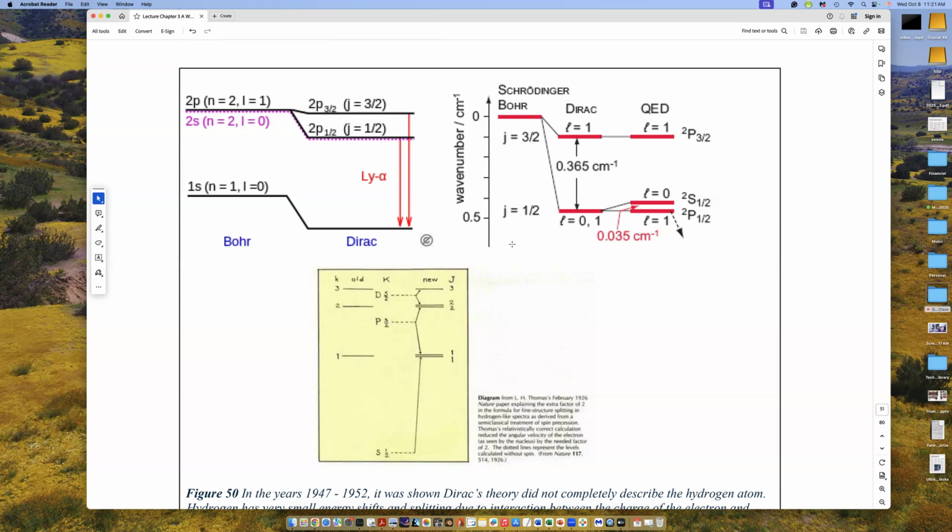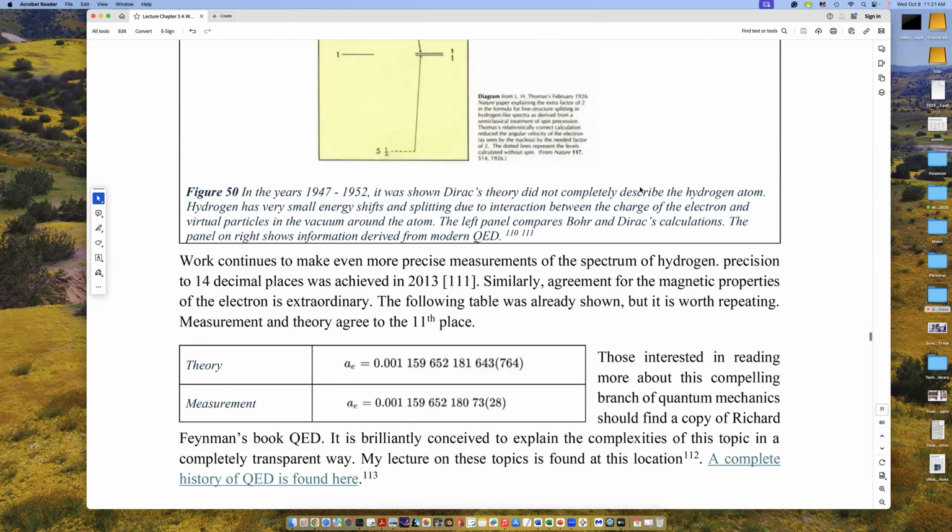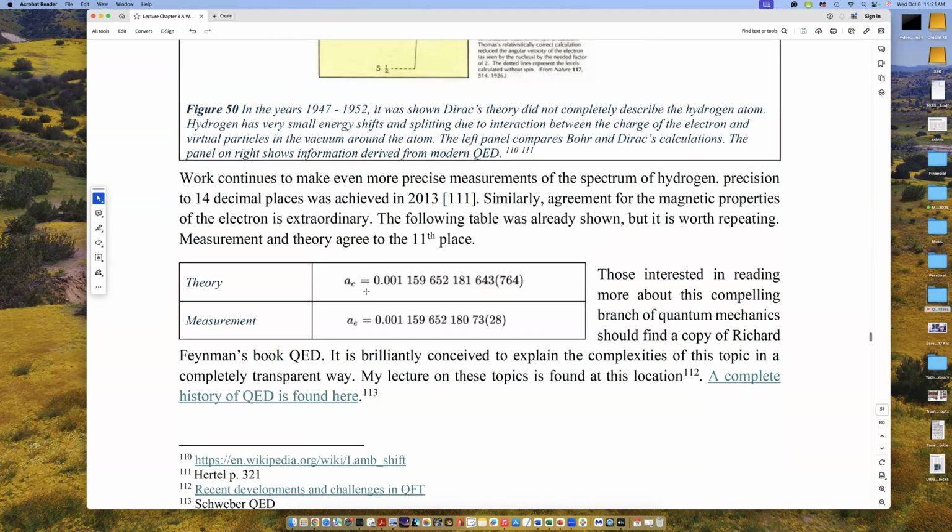And using technology invented related to radar in World War II, these measurements are now an everyday thing. And again, I showed you this before. Doing the calculation, we get this number, and doing the measurements, we get almost exactly the same number.